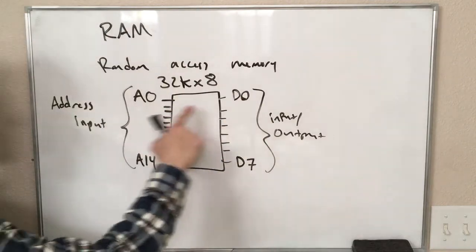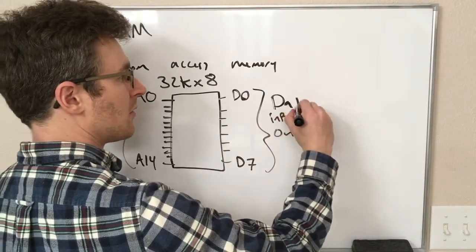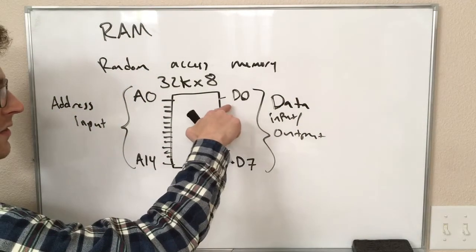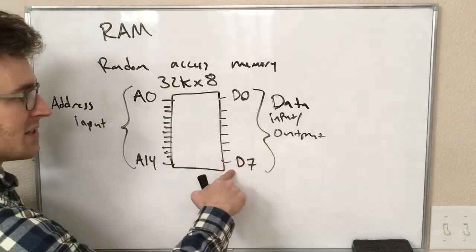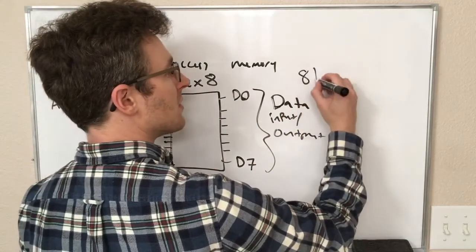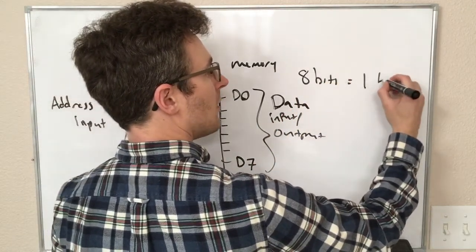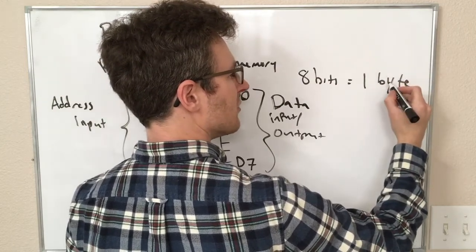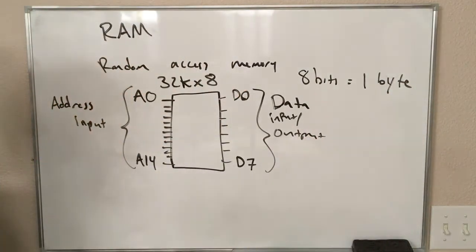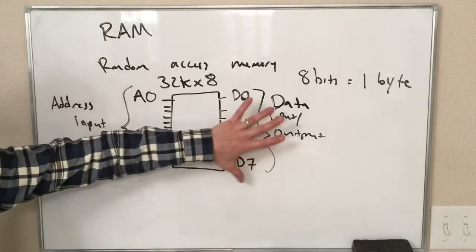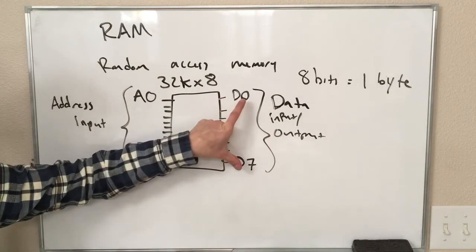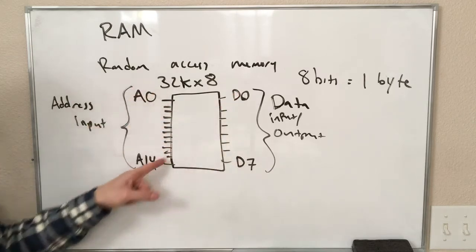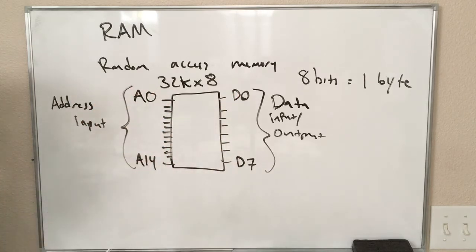So A is for address, D is for data. The 8 bits here at the output, D0 through D7, that is 8 bits. 8 bits is also called 1 byte, B-Y-T-E. I forget if we've had to use that before or not, but this is inputting or outputting 1 byte of data at a time, and which byte we get is determined by which address location we are requesting.